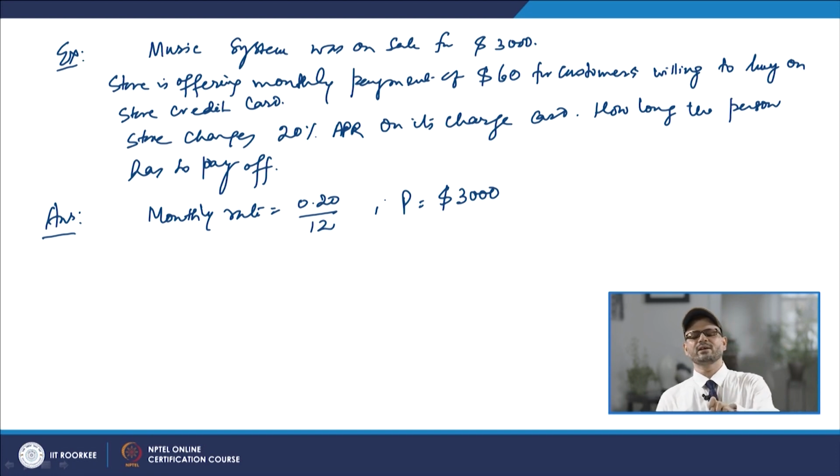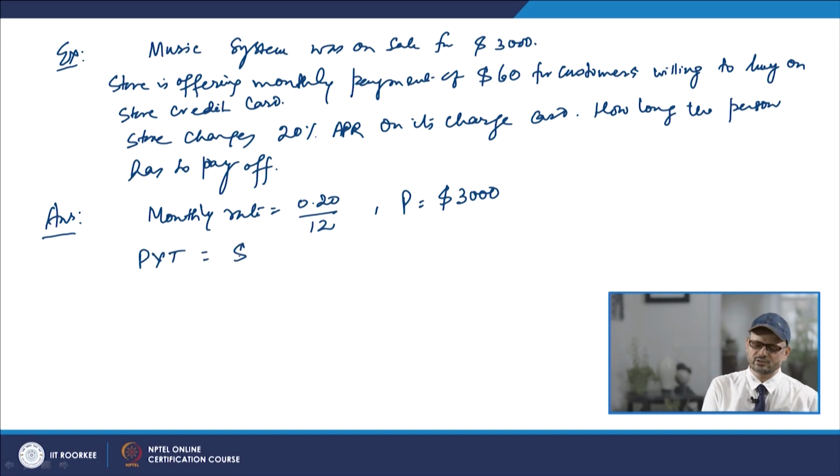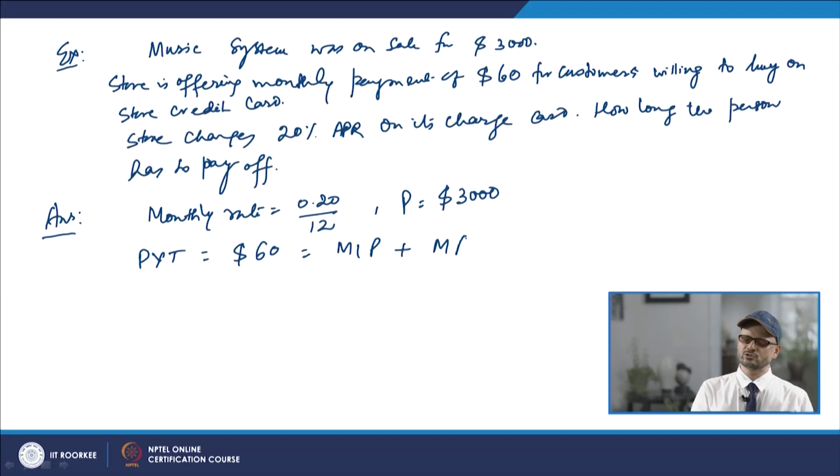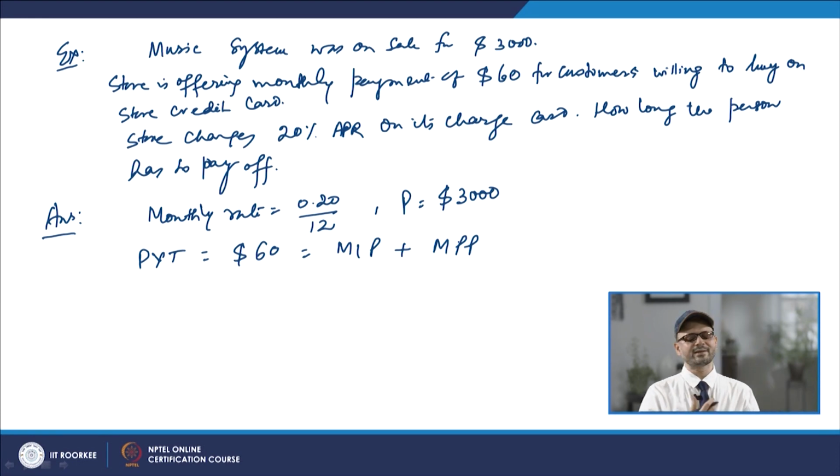Now it is giving $60 as the monthly payment. So basically the monthly term is $60. This involves both the monthly interest portion and the monthly principal portion. What is the monthly interest portion?